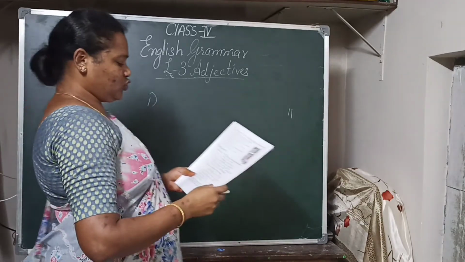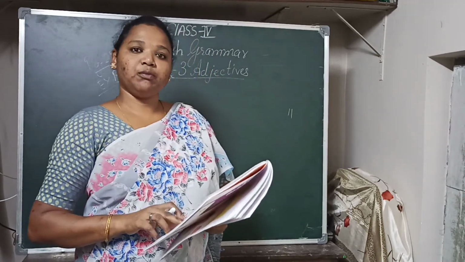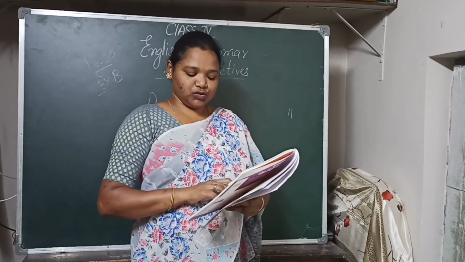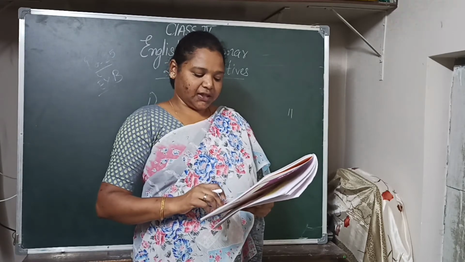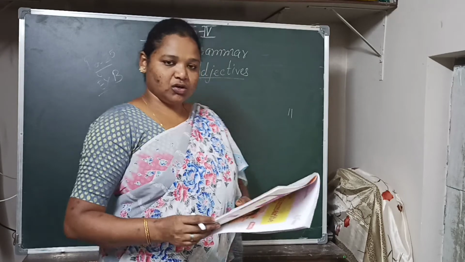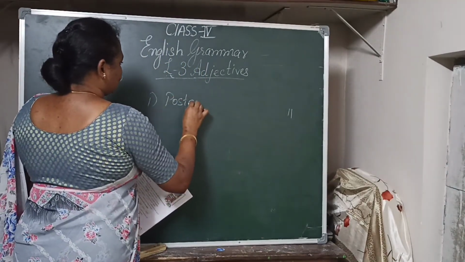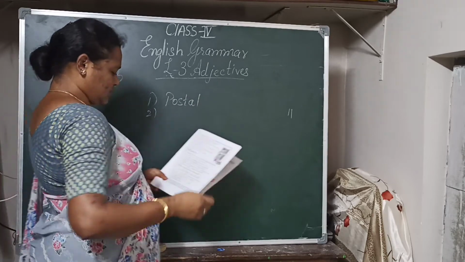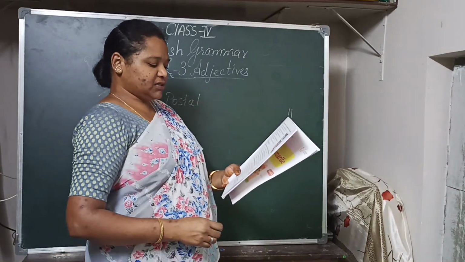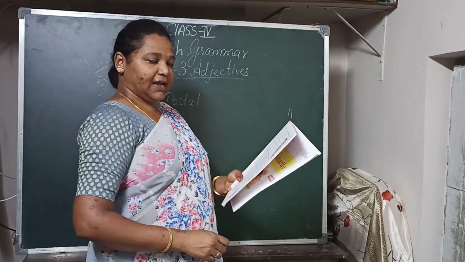Exercise B. Choose the correct adjectives from the box and fill in the blanks. They have given a help box in this exercise, and we have to use these words for filling the blanks. Can you give me your dash address? I want to send you a gift. So postal. First one is postal address. Simi went on an dash tour with her school friends. Educational.